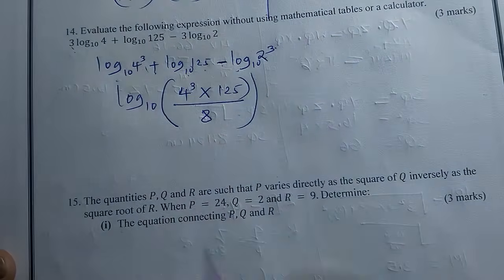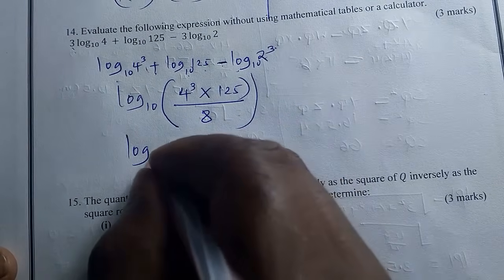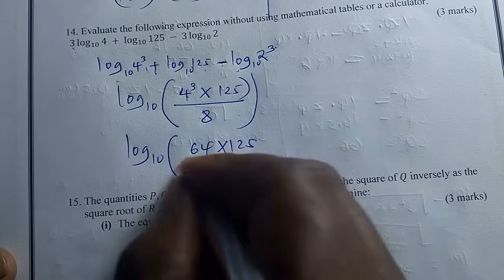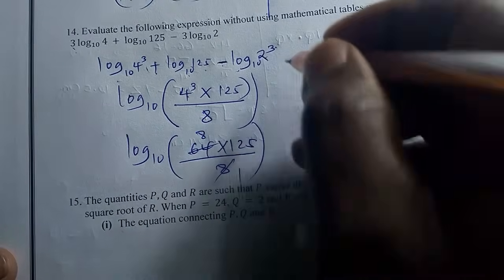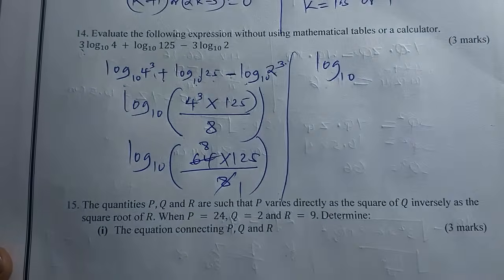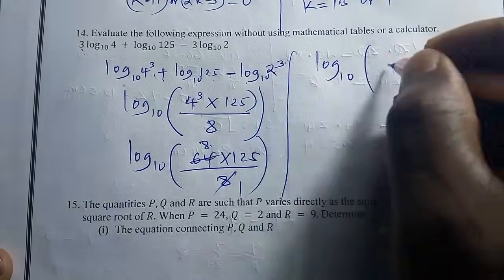This is the same as log base 10 of 64 times 125 over 8. But we know this one here, 8 here. So this is the same as log base 10 of, this times this is 1,000.